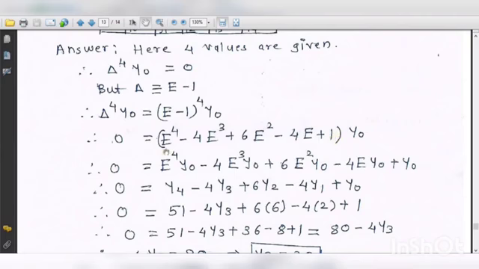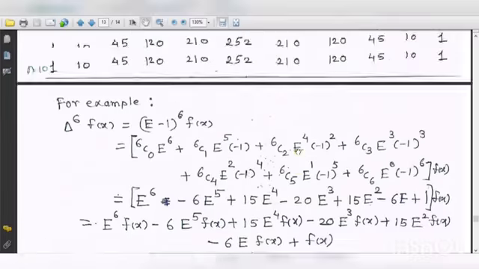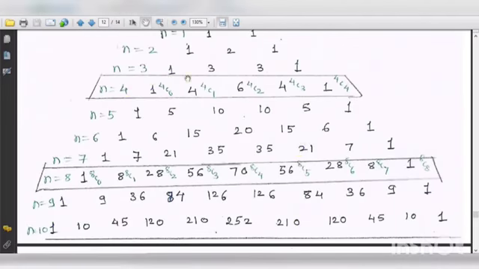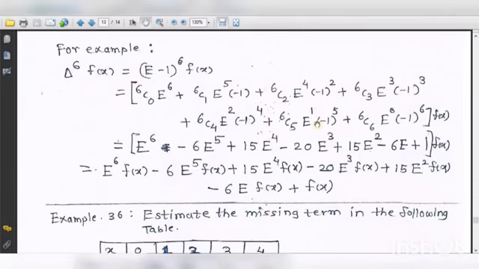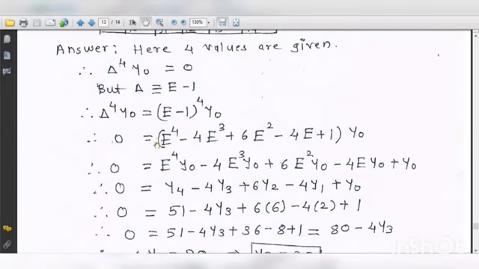After that we give alternate positive and negative signs: the first term has a positive sign, the second a negative sign, then positive, then negative, and then positive. And as we have seen in the Pascal triangle, the binomial coefficients for n equals 4 are 1, 4, 6, 4, 1. So just pick them up and substitute them here. Look at here.